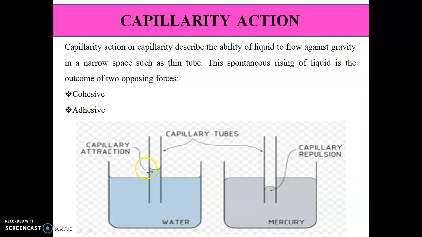We will observe that the upper surface of the liquid becomes concave. That is, the height of the liquid at the contact area is higher than at the center of the tube, and vice versa for the mercury-containing beaker.